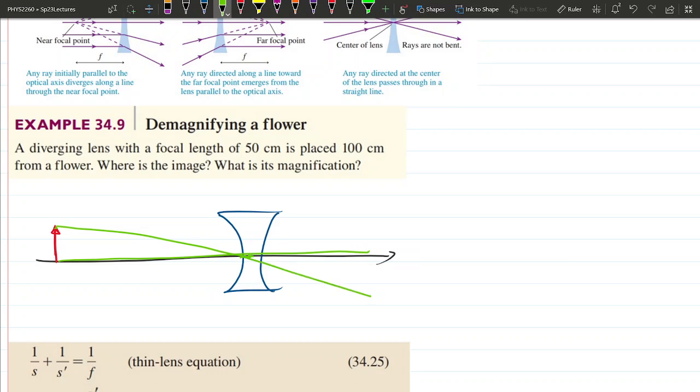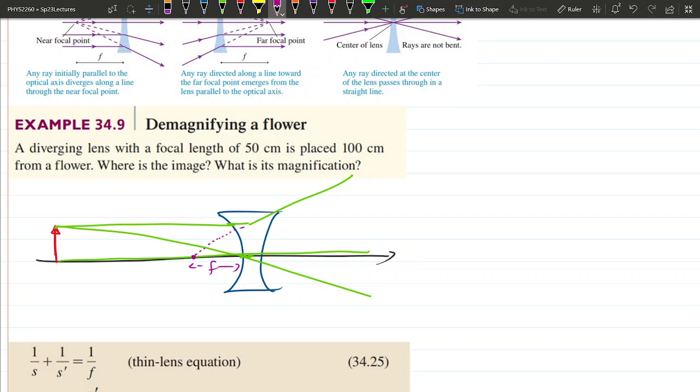The last one is the one that's going to go parallel, and the ray's going to go this way, but since it doesn't converge anywhere, what we need to do is trace it back to the focal length, which is here.